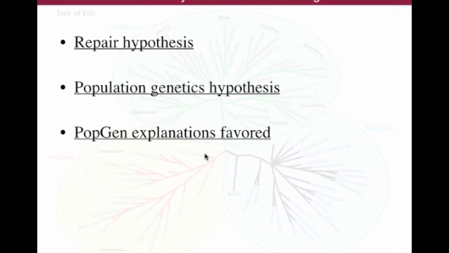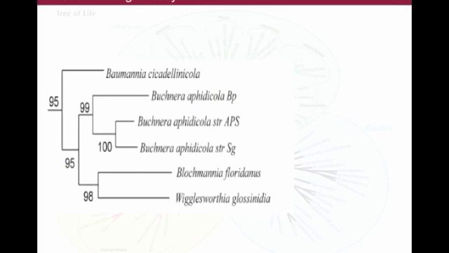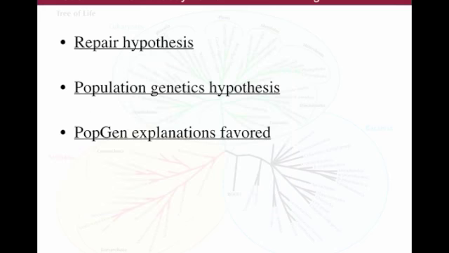This was in part by doing genome sequencing and finding that many endosymbionts with long branch lengths and low GC contents had, as far as people could tell, a full suite of DNA repair genes in their genome. And so people favored the population genetic explanation at least a little bit.